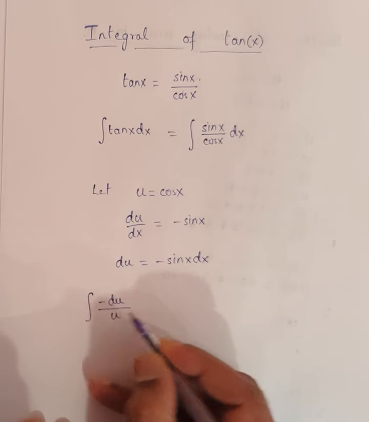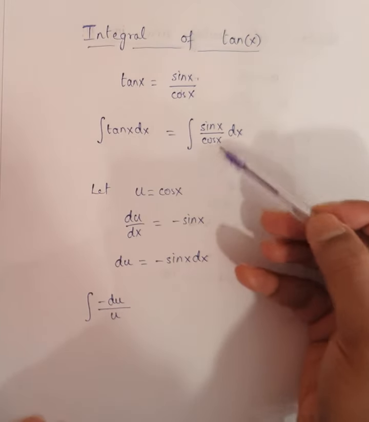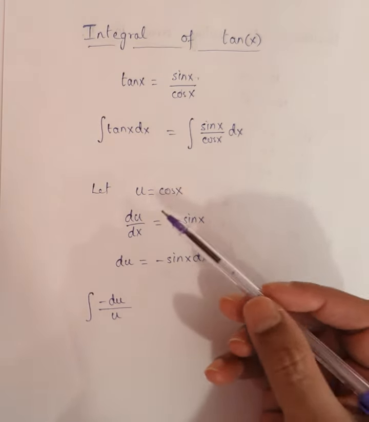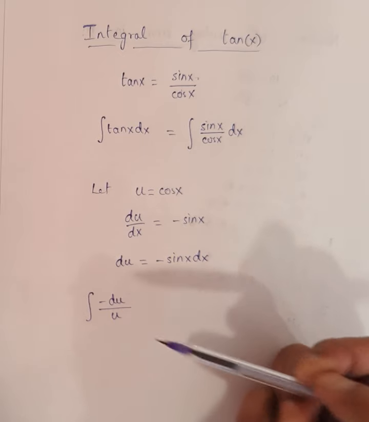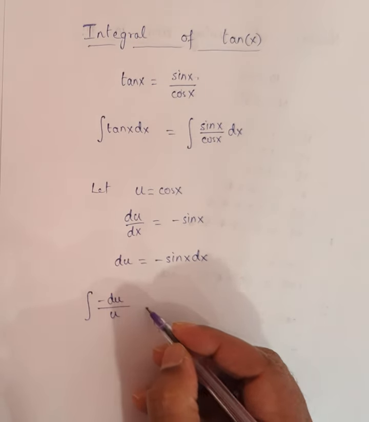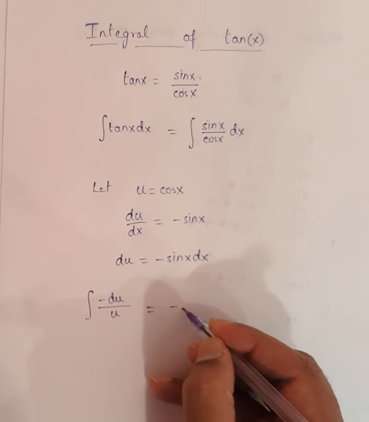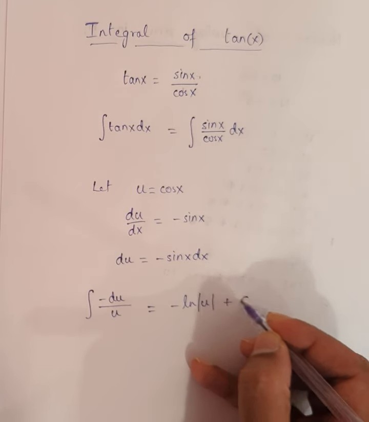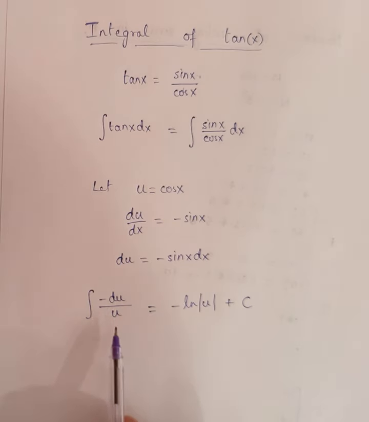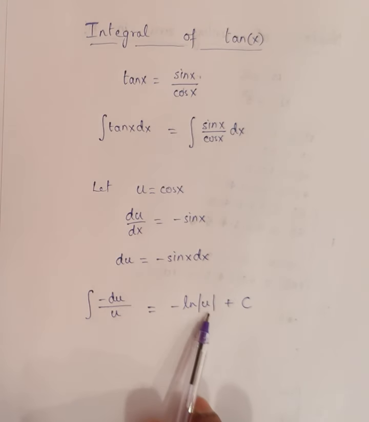And then you have divided by u, because cosine x is u. And that was the whole point. We wanted to have just a variable in the denominator. And you might recall that this is going to be negative natural log of absolute value of u plus c. So we integrated and we got this answer.